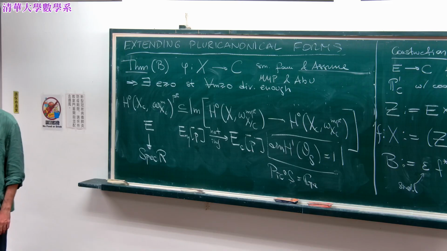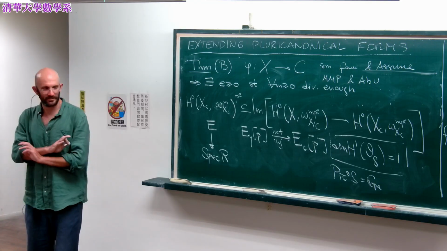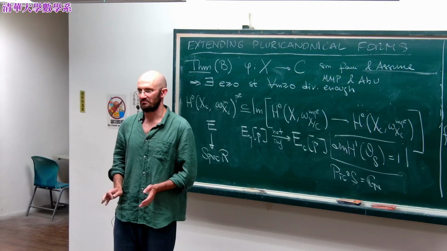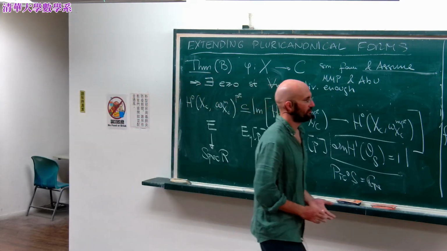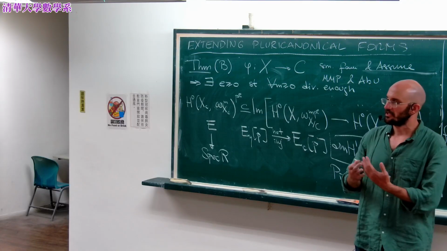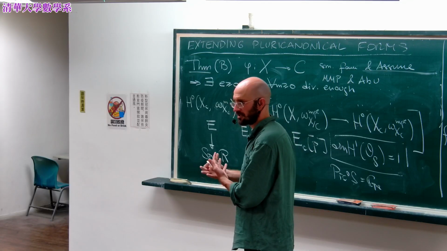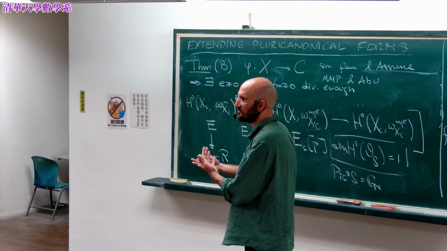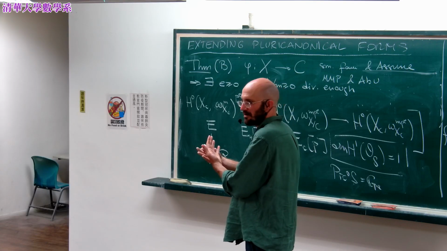Correct. No. The fibration is not even flat typically. The reason is the following: imagine taking a surface of general type, so maximal Kodaira dimension, with, I don't know, semi-ample canonical.